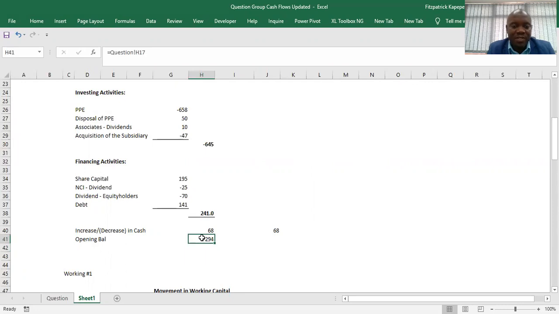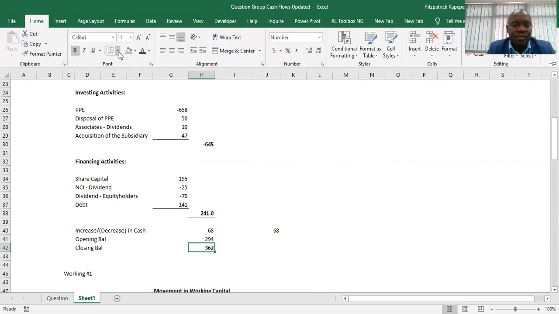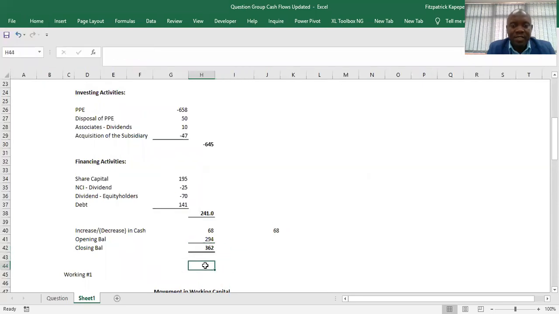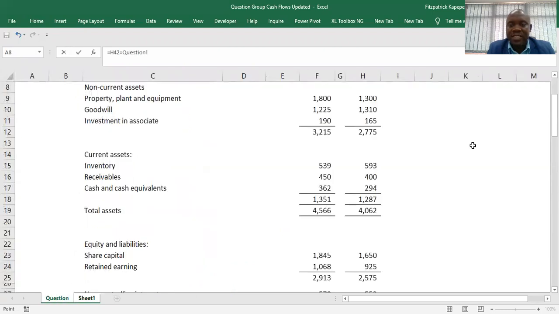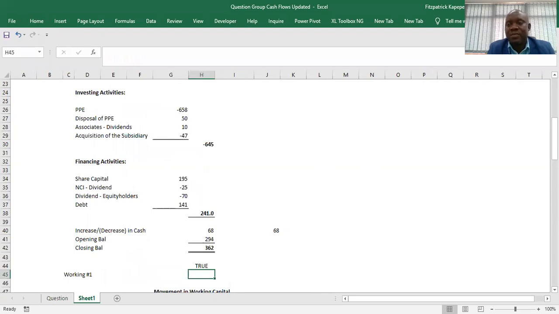So it should be able to give us the closing balance, such that if we do it like this, it equals the cash balance in 2018. It should be able to balance.